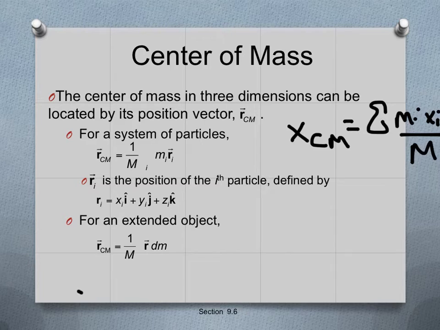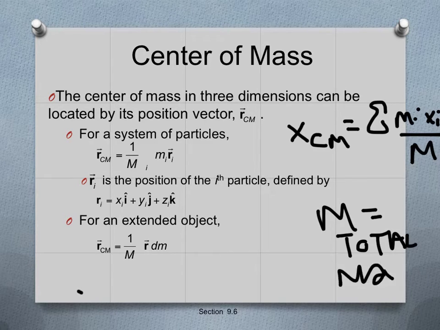It's the same thing here. So the position vector for the center of mass is equal to 1 over M, the total mass, multiplied by the sum of the masses times their position vectors.